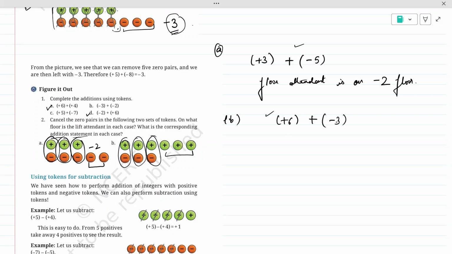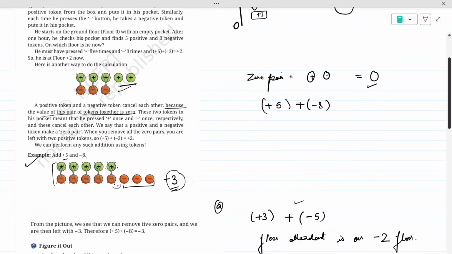And we are left with 3 positive. So we have 3 plus tokens. That means the attendant is on the third floor, plus 3. So this is how we have used the tokens for addition, right?